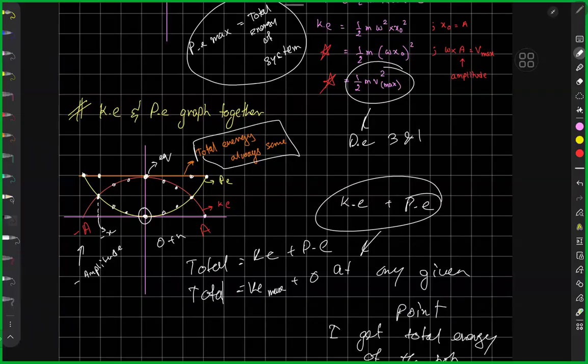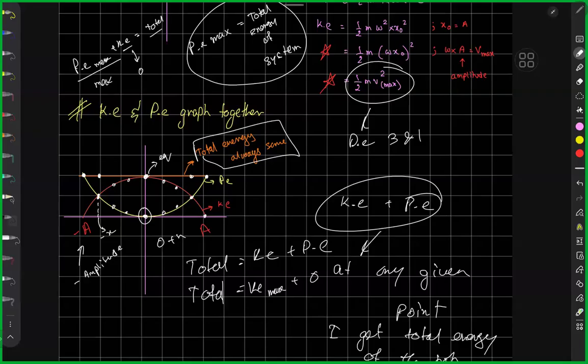So over here, when you're saying PE max plus KE is equal to total energy, what happens at the amplitude position? My PE max is maximum and kinetic energy is zero.